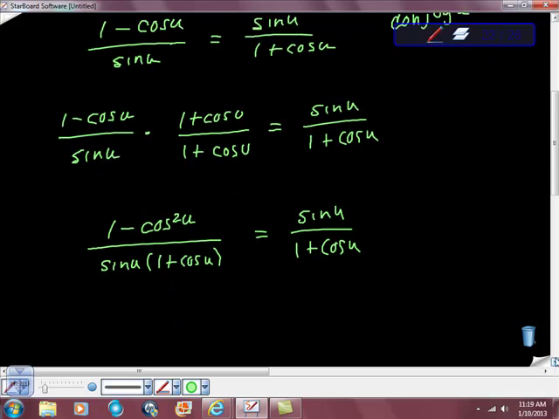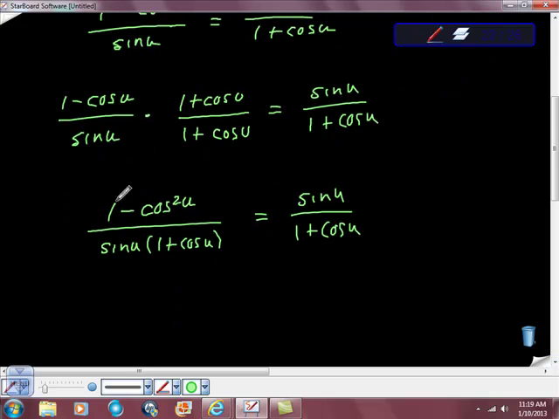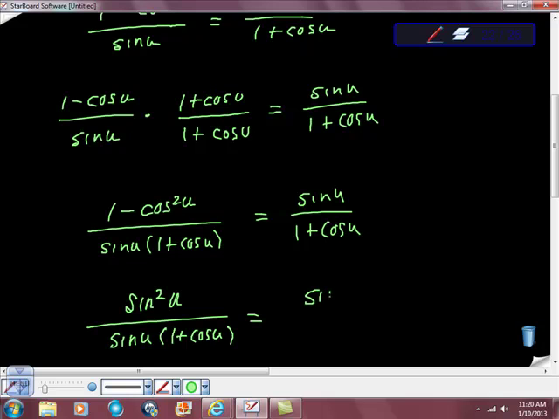If you look at this, 1 minus cosine squared u has a Pythagorean identity, and its Pythagorean identity is sine squared u all over sine u. And if you can see, this is going to cancel out, isn't it? 1 plus cosine u equals sine u times 1 plus cosine u, right?